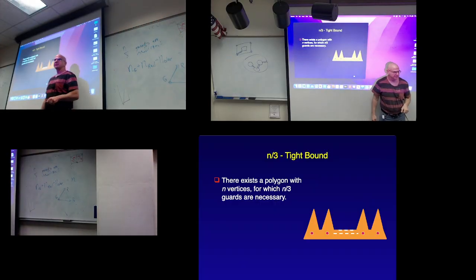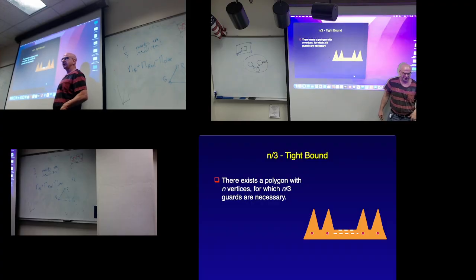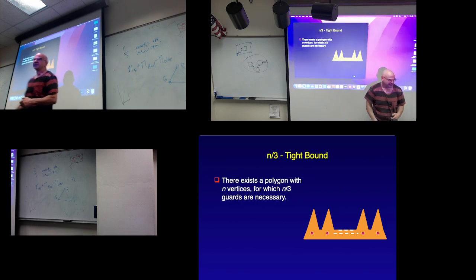So Fisk's theorem tells us you don't need more than n over 3. This example tells you that there are cases where you need no less than n over 3. We will see this example a few times in this course. It's a comb example, comb-like, people that have hair might remember.